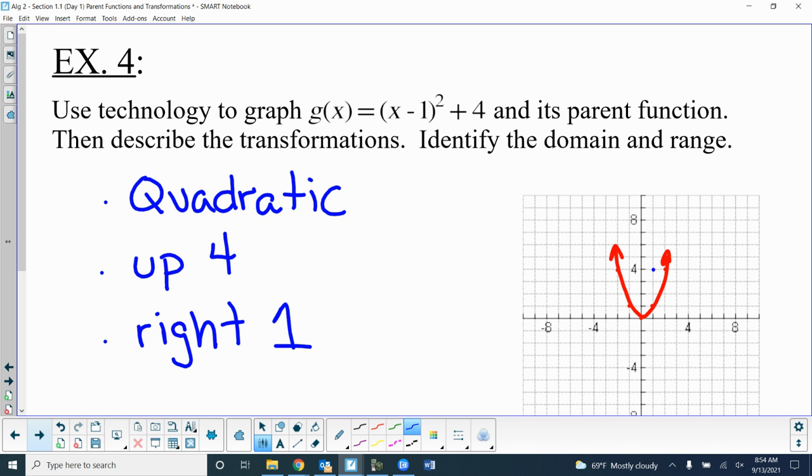For this point, 1, 1, right 1, up 4. All right, for this point, negative 1, 1, right 1 and up 4. And then for 2, 4, I go right 1 and up 4, which would be 3, 8. And for negative 2, 4, I go right 1 and up 4. So there is our transformed parabola.